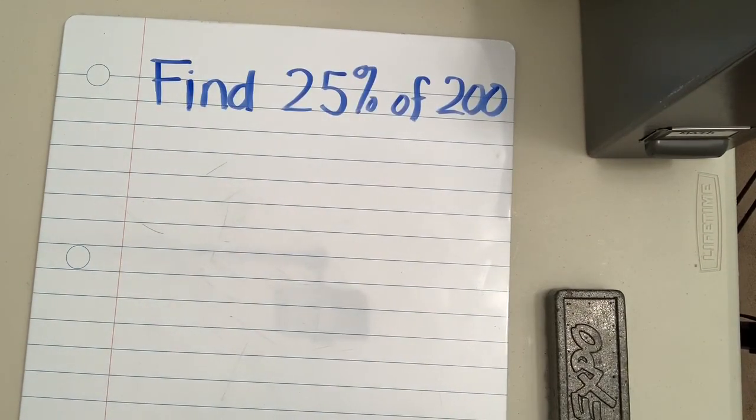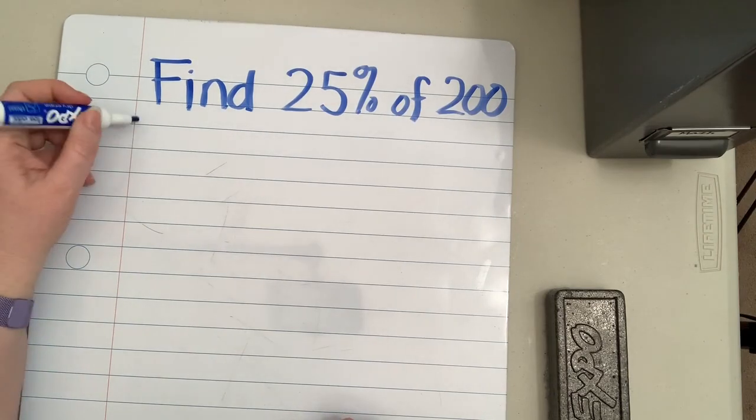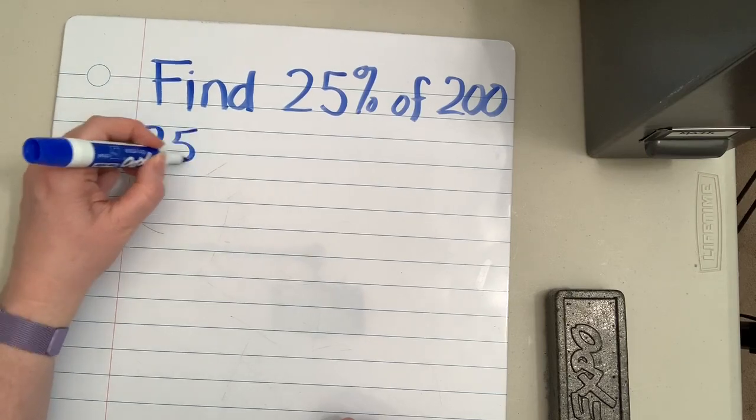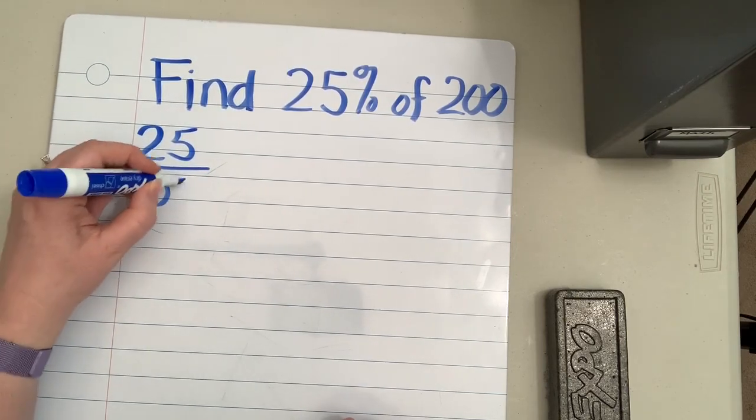What if I asked you to find 25% of 200? Based on the percentages, you should know that 25% is the same as what fraction? It's the same as 25 over 100, or it's the same as 1/4.